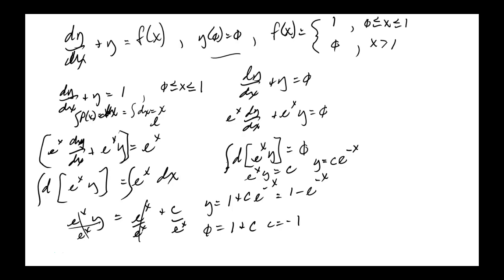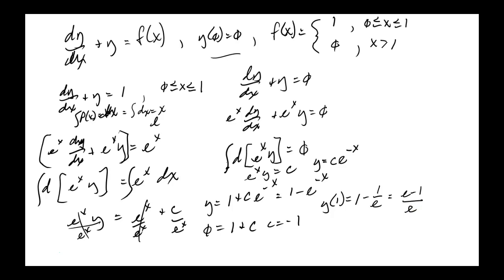So what are we going to put in there for our c? Well, what I would suggest is figure out what, and we just did, when x is equal to 1, y at 1 is equal to 1 minus 1 over e, right? E to the minus 1. And that is the same as e minus 1 over e, okay?